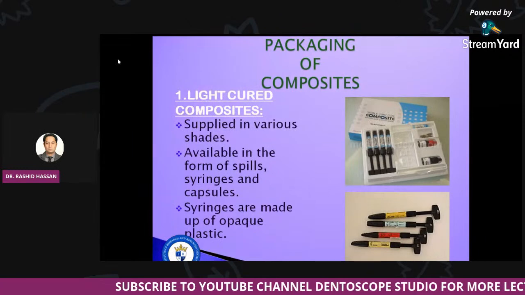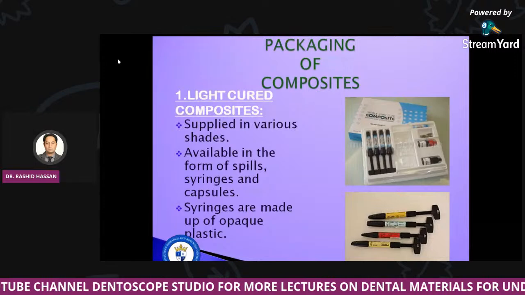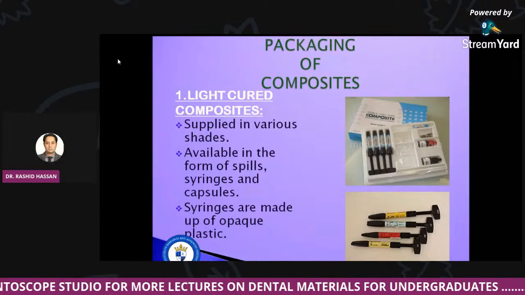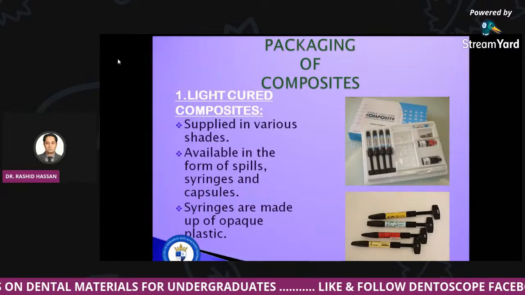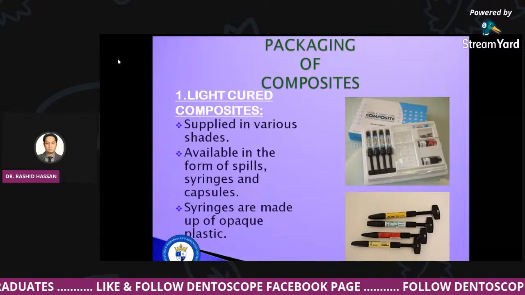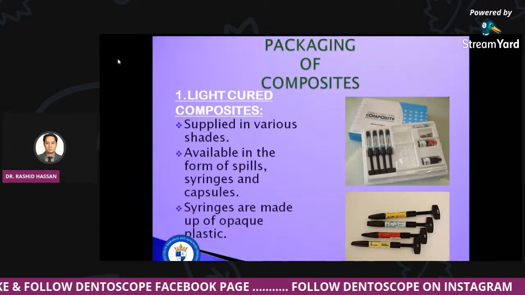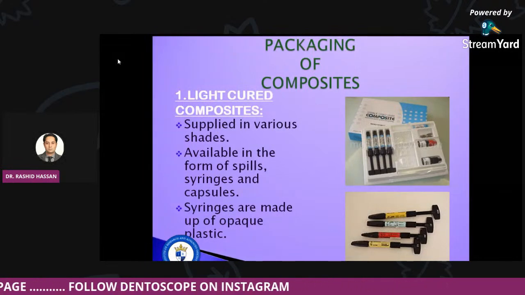These syringes of dental composite are always made up of opaque plastic, right? You will always see the dental composite has a plastic covering, and that will be opaque, to avoid any ultraviolet light reaching the dental composite.